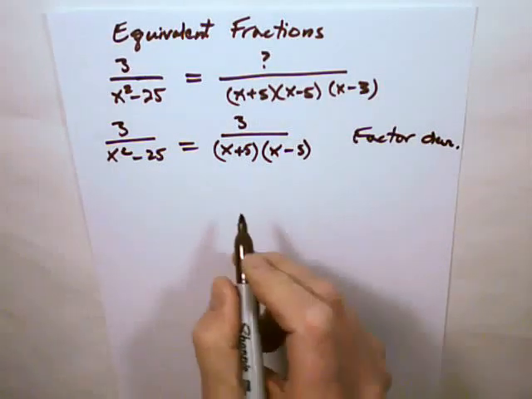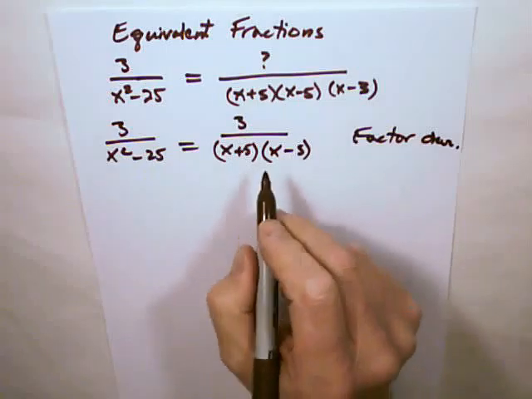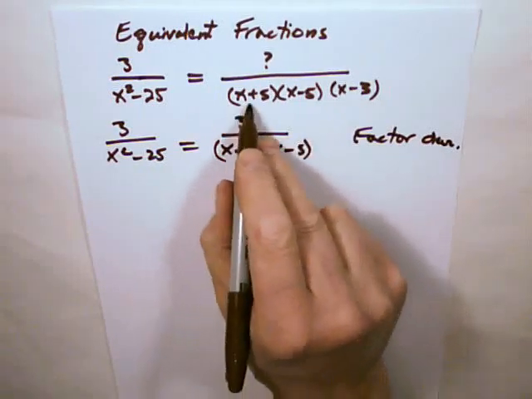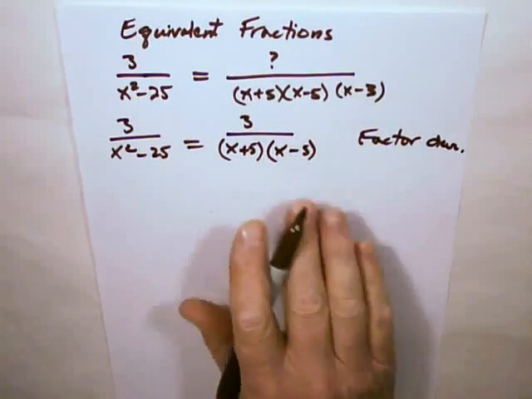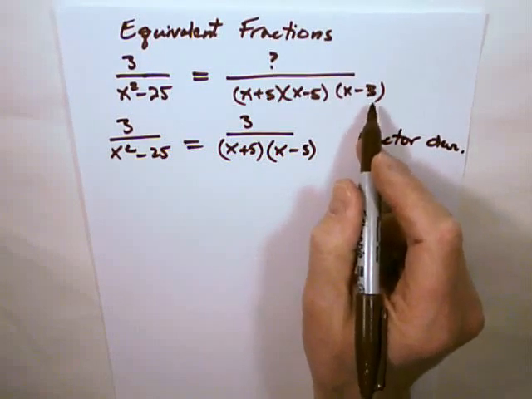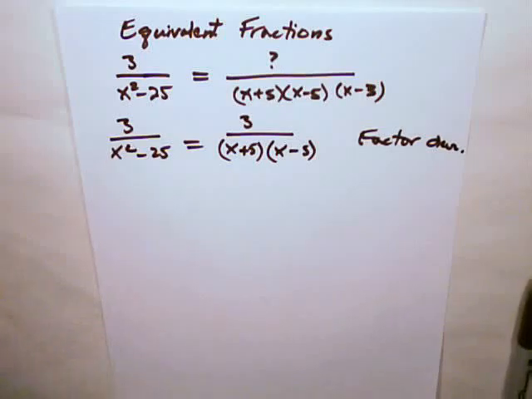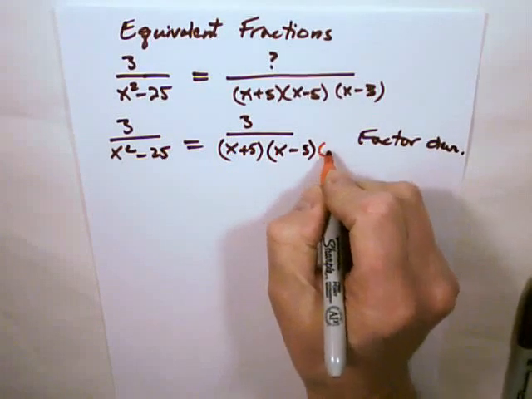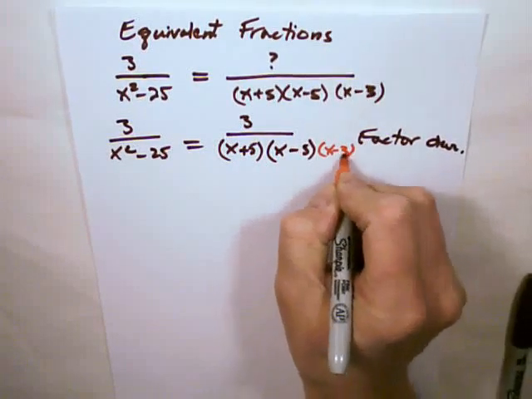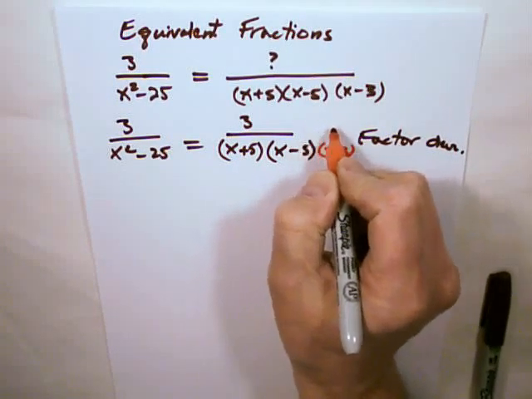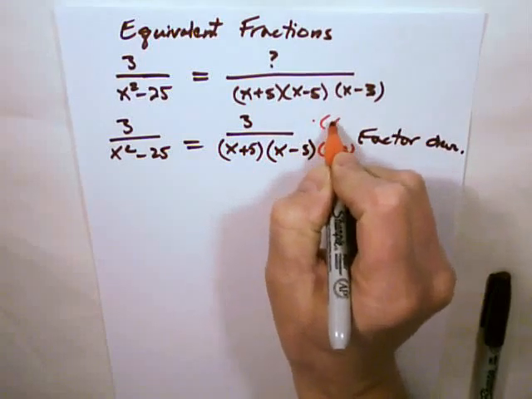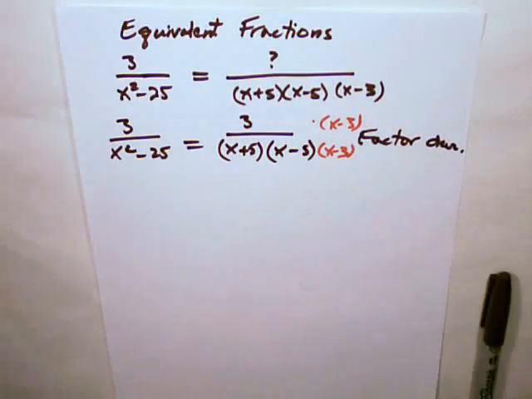Okay, now the next thing I notice is that, in order for this denominator to look like this denominator, I'm going to have to multiply by another factor, an x minus 3. So similar to what I did with fractions, I'm going to multiply the denominator by x minus 3. But if I do that to the denominator, remember I have to also multiply the numerator by x minus 3.